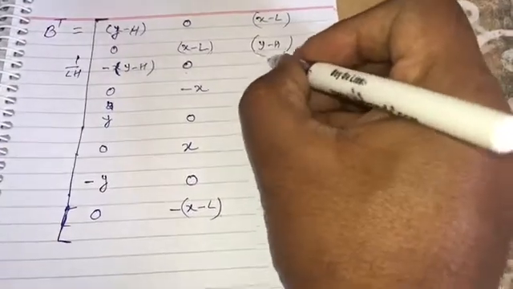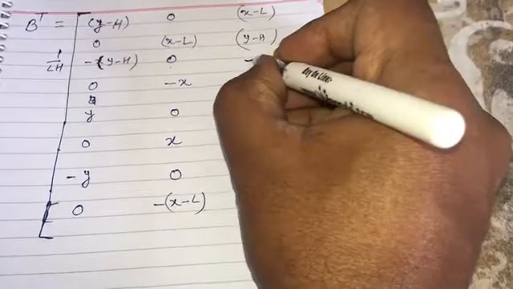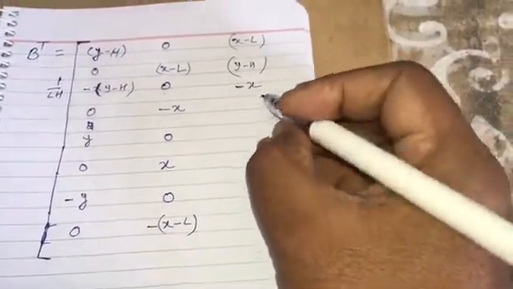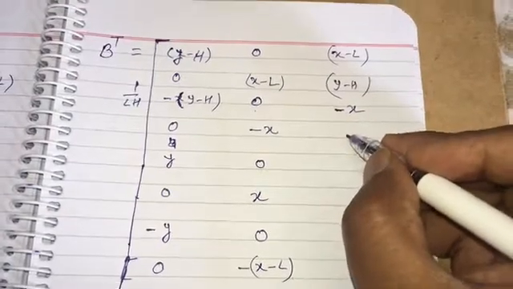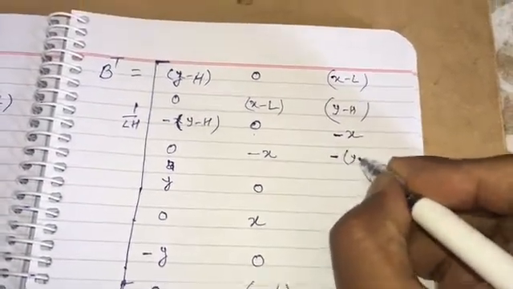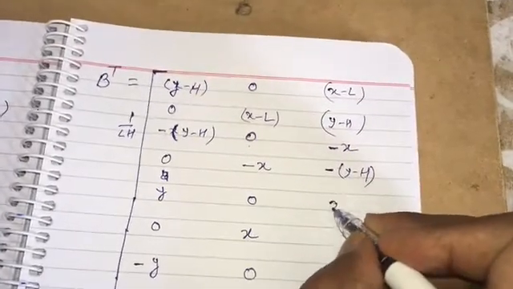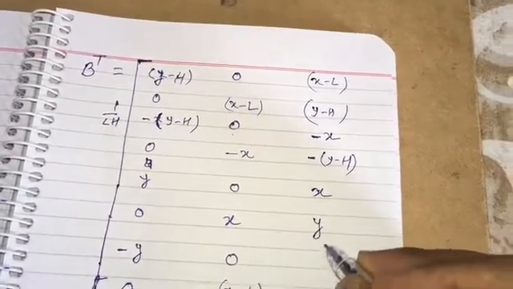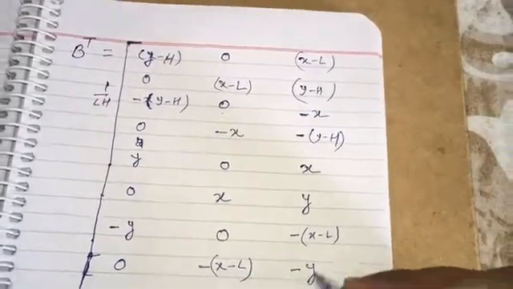Okay, and then you'll have minus x here, and then minus y minus h, x, then y, then minus x minus L, then minus y.